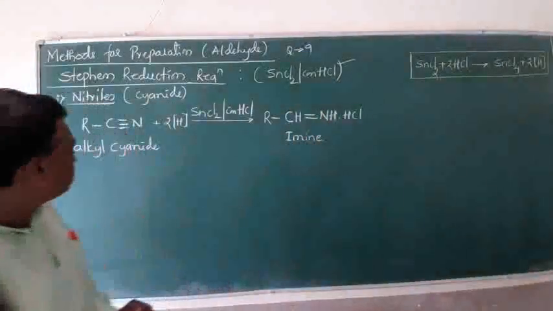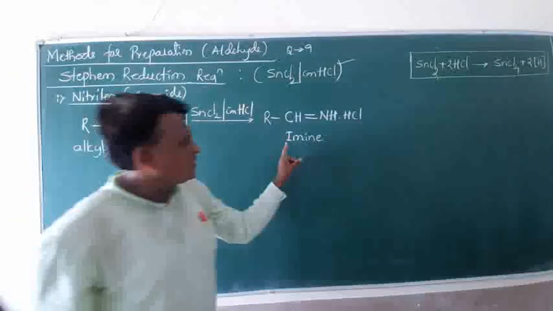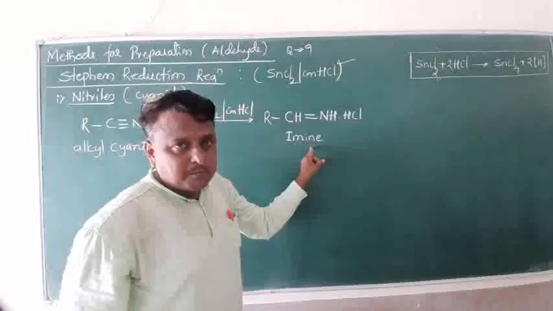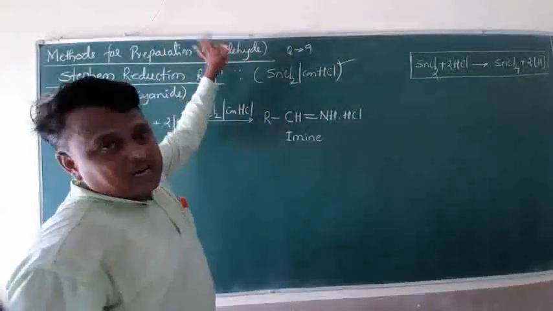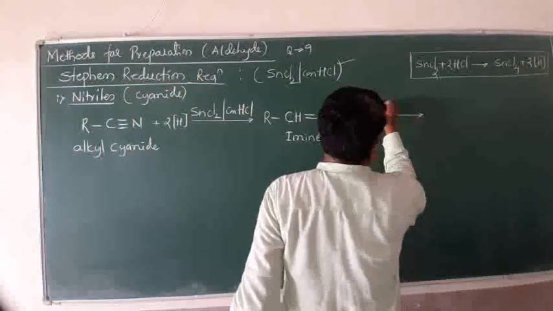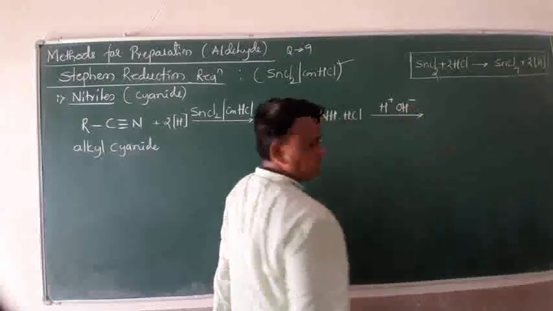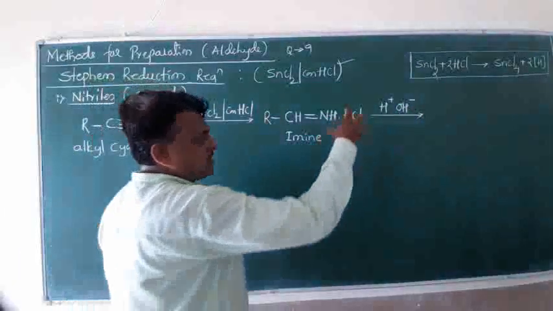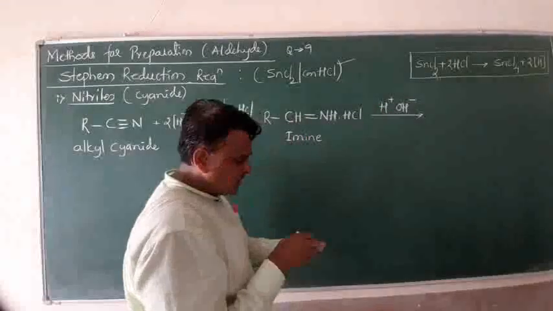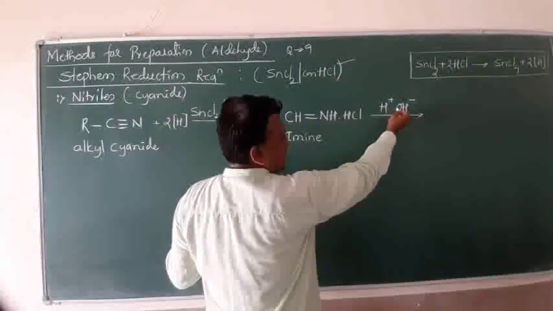This means alkyl cyanide undergoes simple reduction. Our product is imine, but our target is aldehyde. What happens when this imine undergoes acid hydrolysis? I think all of you know this, H plus and OH minus. Once it reacts with acid hydrolysis, keep in mind, we get R, CH, double bond O.